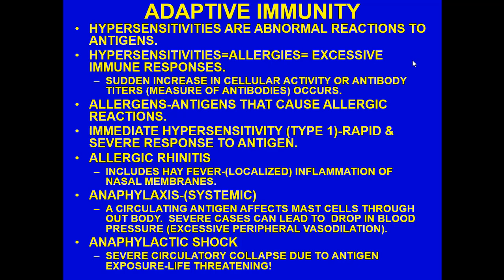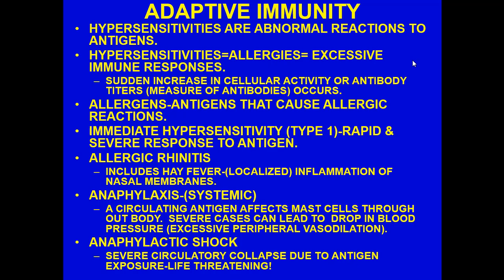What mast cells do is release histamine, and they start kicking out all sorts of cytokines. You're going to have severe cases that lead to a drop in blood pressure, and this is because of excessive peripheral vasodilation. When this vasodilation occurs, the pressure will drop, people will pass out, etc. That's where you need to get epinephrine in, which will do the opposite.